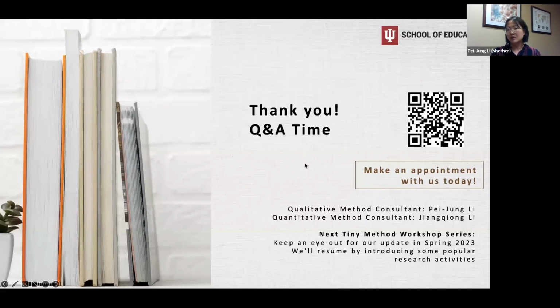We will resume the workshop by introducing some popular research activities, like the qualitative interview, focus group, and participant observation, which we mentioned earlier. We will dive deep into some of these techniques and strategies, and later also talk about the analytical process and the writing up process.